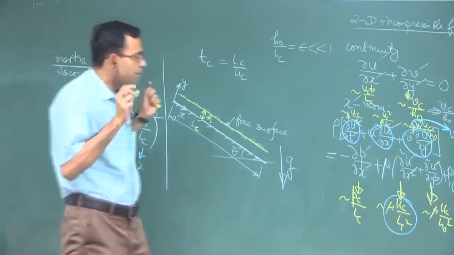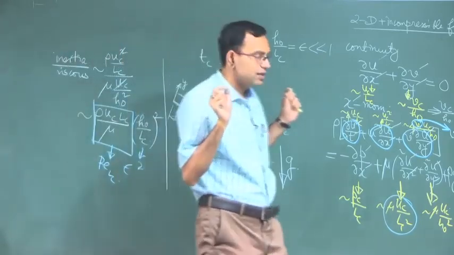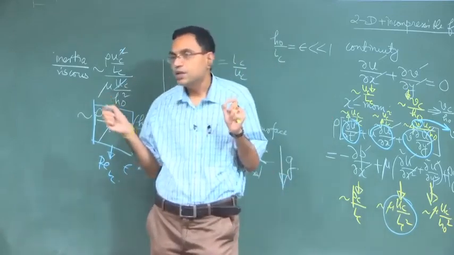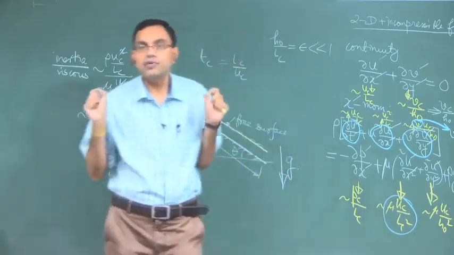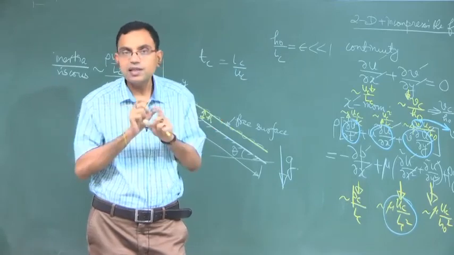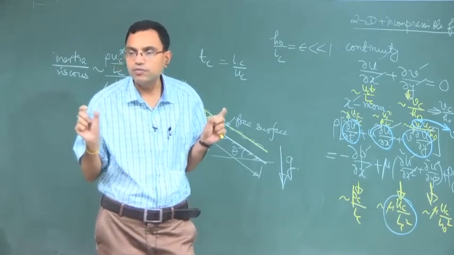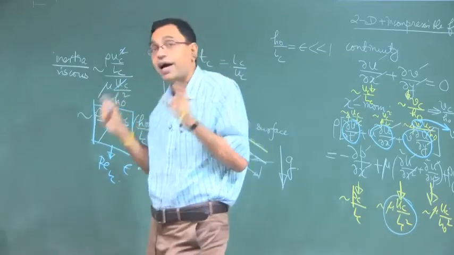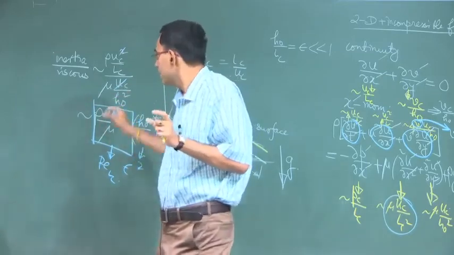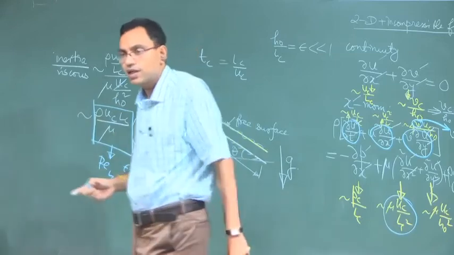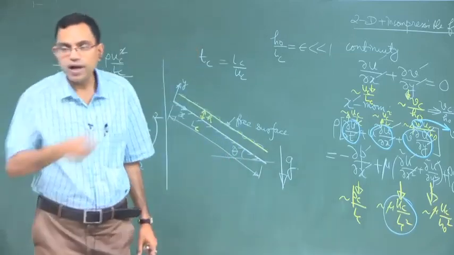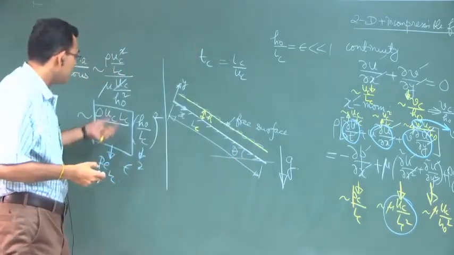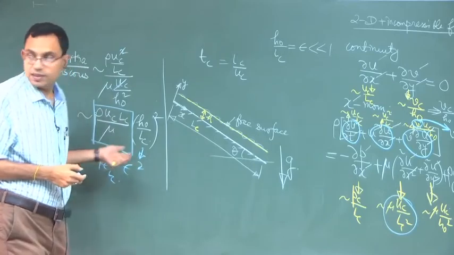Please do keep this concept in mind. The thin film dynamics does not tell you that inertia effect has to be neglected. It has nothing to do with the formulation of the thin film dynamics, but under most practical circumstances where thin film dynamics is applied, the inertial effects are neglected. So, that is why we will go ahead with the formulation with the inertial effects being neglected.